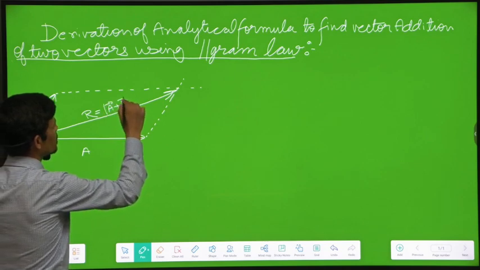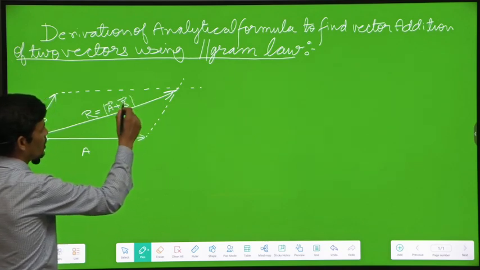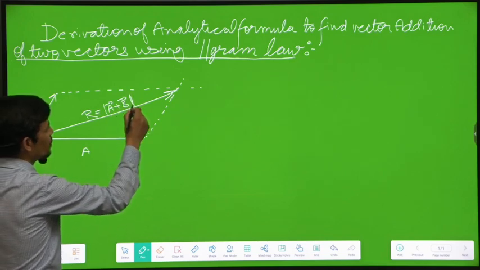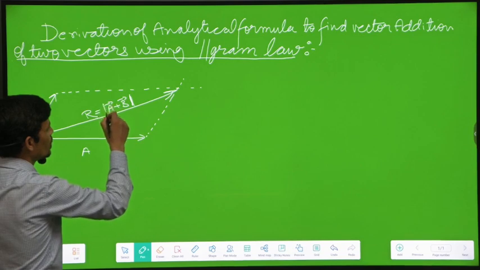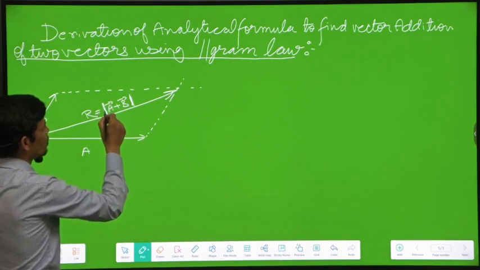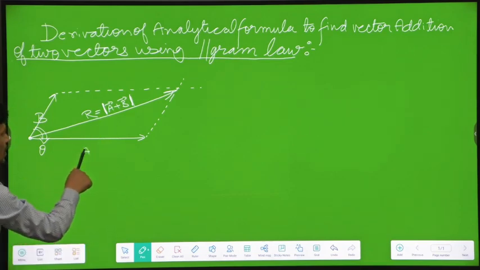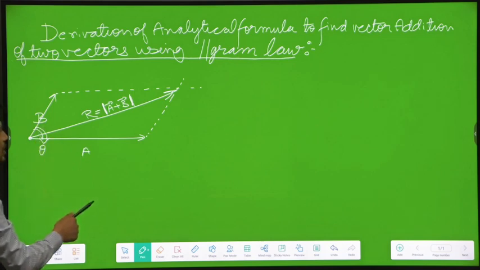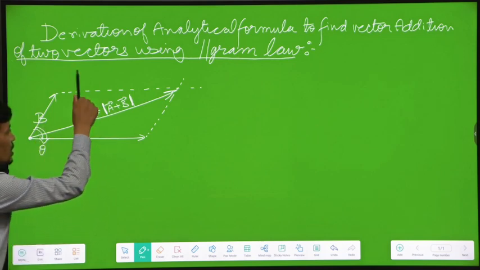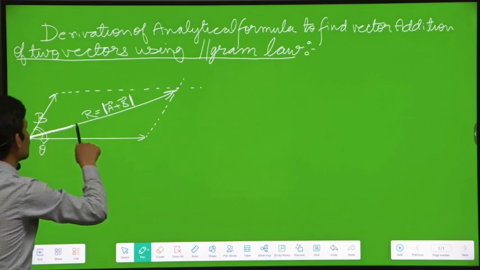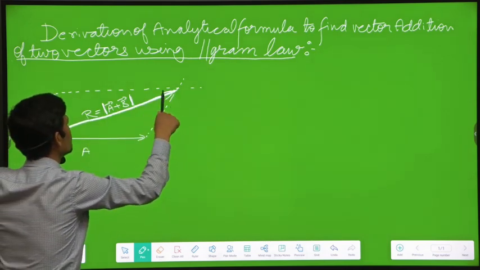You can ask me why I'm putting modulus over it: because we are dealing with magnitude only. It is not just A plus B, the simple addition of A and B. It is the vector addition, and then we are taking the magnitude of it.